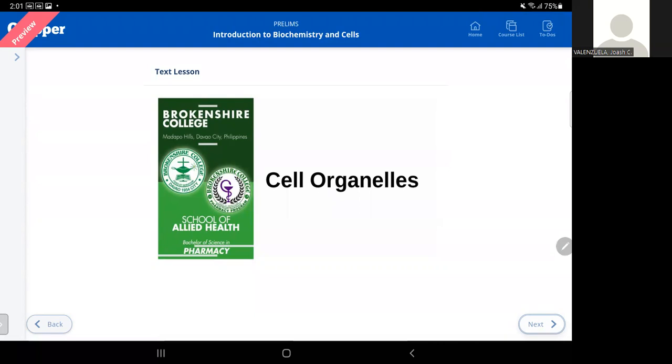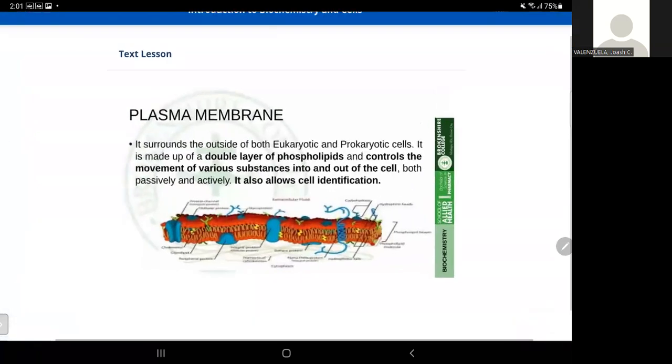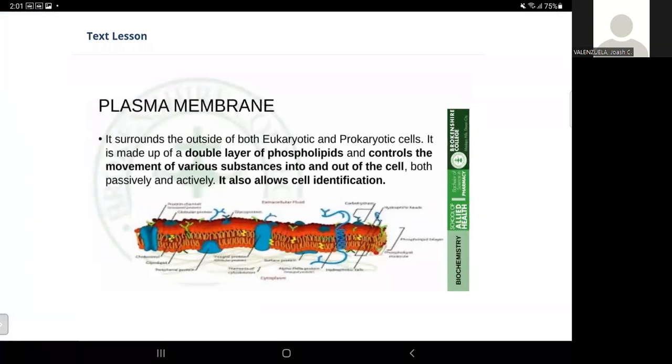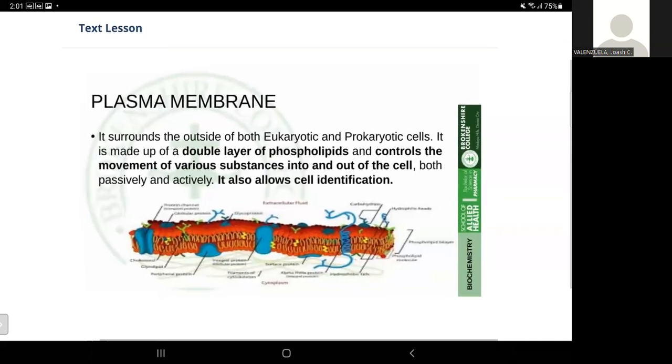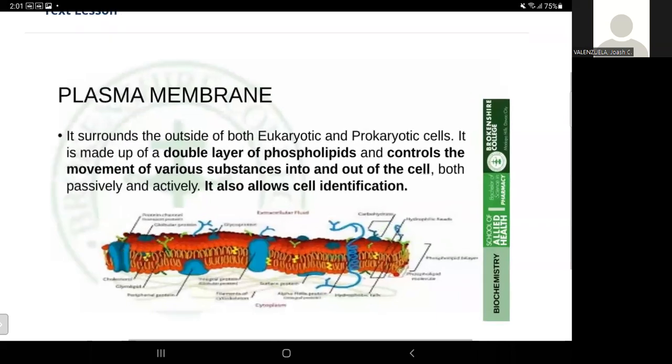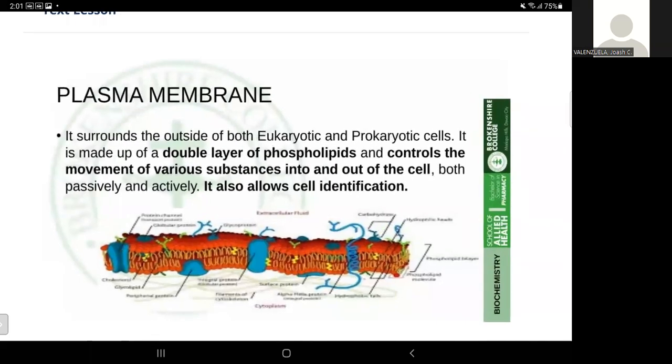Anyways, okay. So the first part of the organelles that we have is your plasma membrane. Your plasma membrane surrounds the outside of both your prokaryotic and eukaryotic cells. It is a bilipid layer, di ba? It's the phospholipid bilayer.